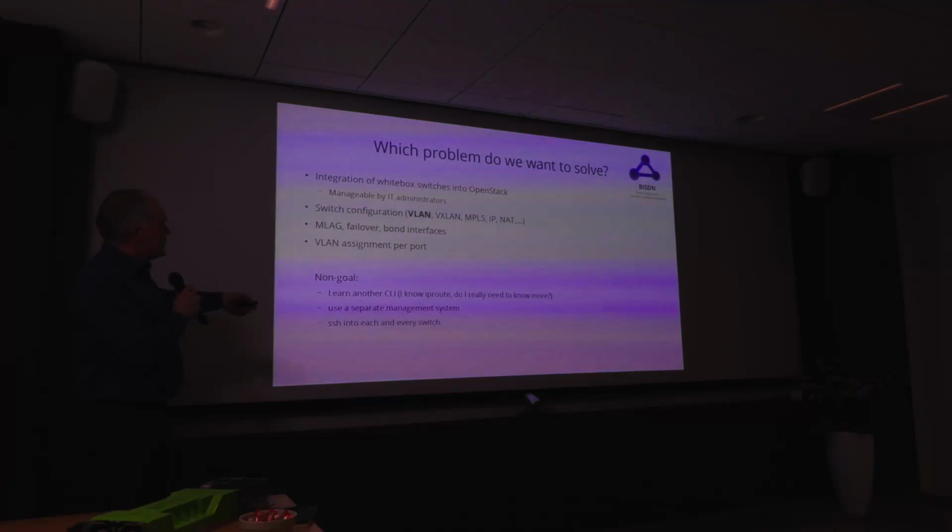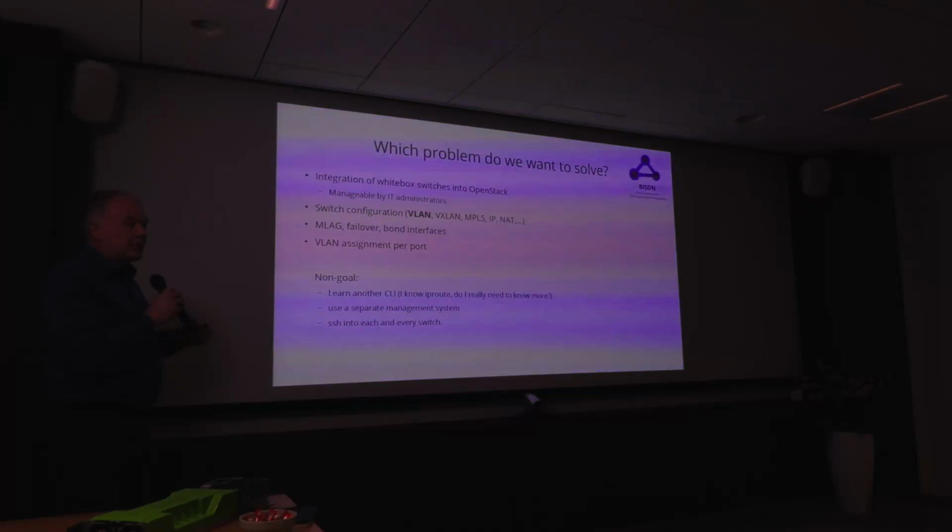We need to have some features which are not the entire zoo of a Cisco router, let's say, of functionality. It is pretty limited because we're speaking data center here. Some of the data center providers still want to have MLAG, so multi-chassis link aggregation, failover.